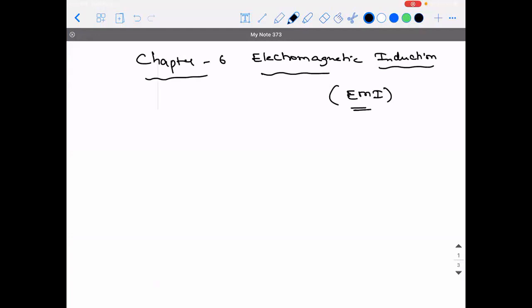If I have to give you an introduction of this chapter in a single statement, it is exactly the reverse of what you have studied in the 4th chapter. So what was chapter 4, guys? Moving charges in magnetism.